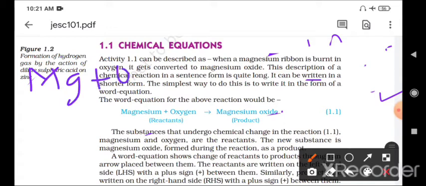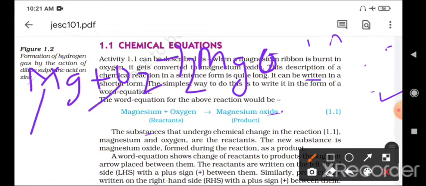Mg plus O2 gives MgO. The substances that undergo chemical changes in reaction 1.1, magnesium and oxygen, are called the reactants. The new substance, magnesium oxide, is formed during the reaction as a product.